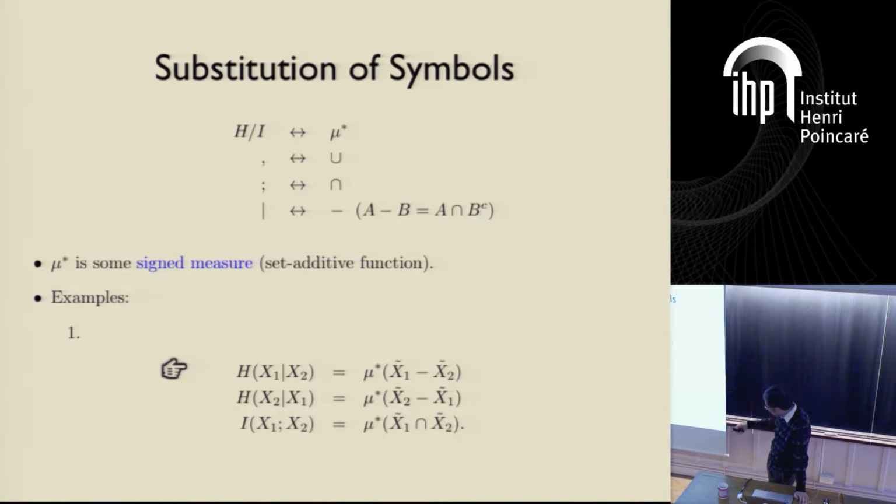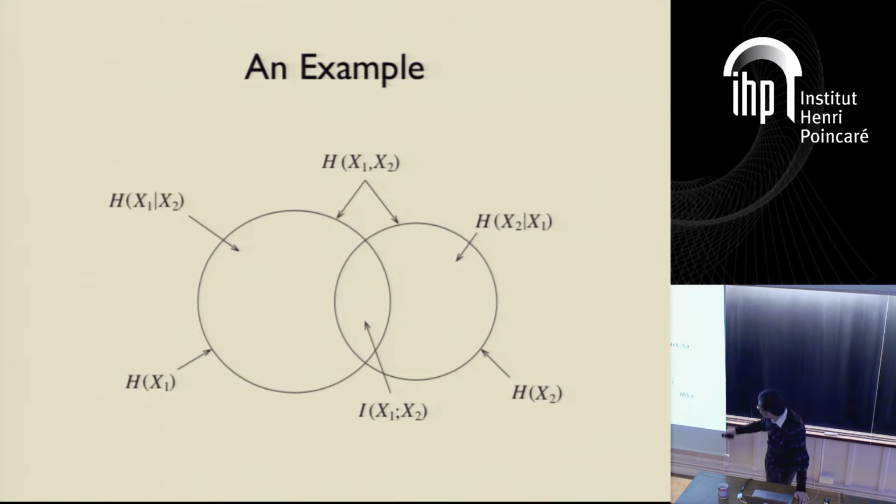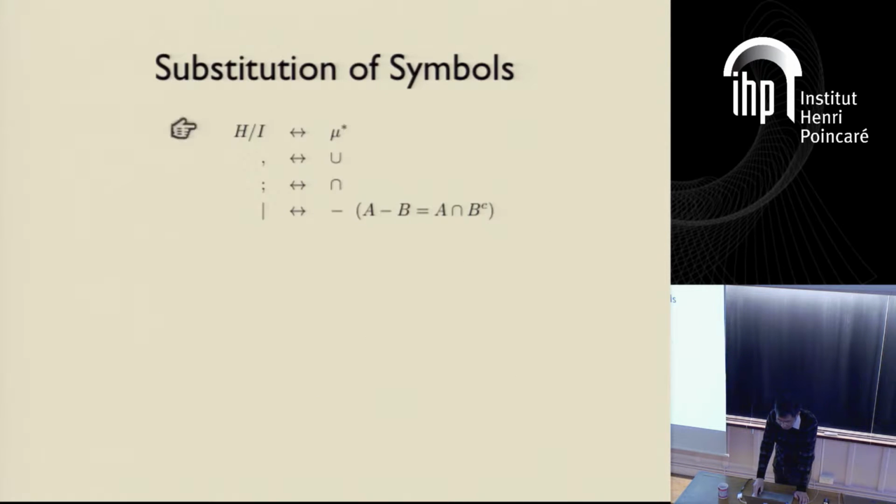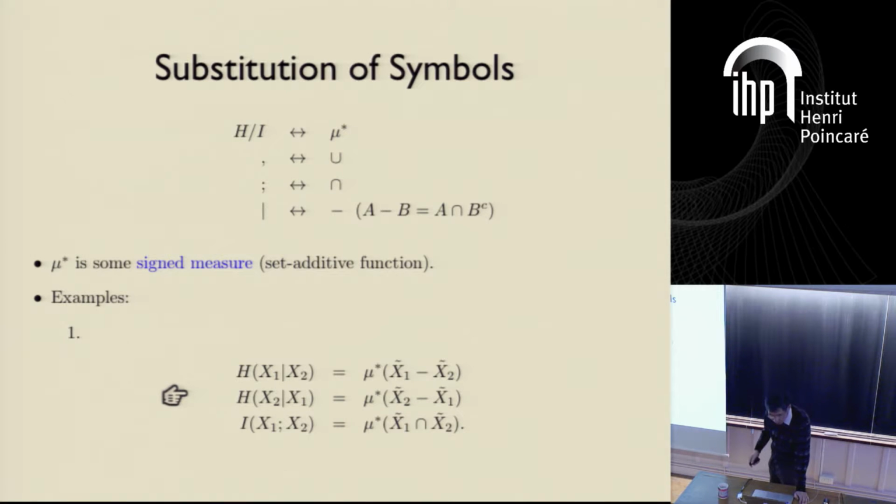If you look at the picture on the previous page, the set variable represents this circle. When I explain this to people, there's some confusion from time to time. Likewise, entropy of x2 given x1 is equal to mu star of x2 tilde minus x1 tilde, and the mutual information between x1 and x2 is equal to mu star of the intersection of x1 tilde and x2 tilde.